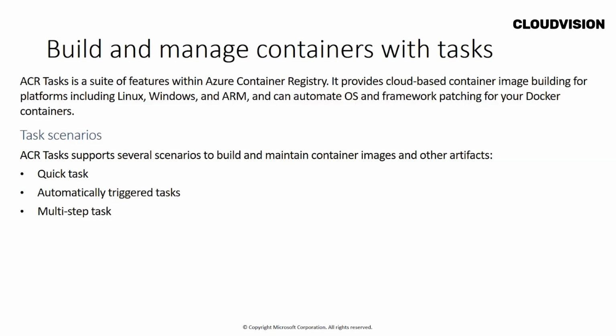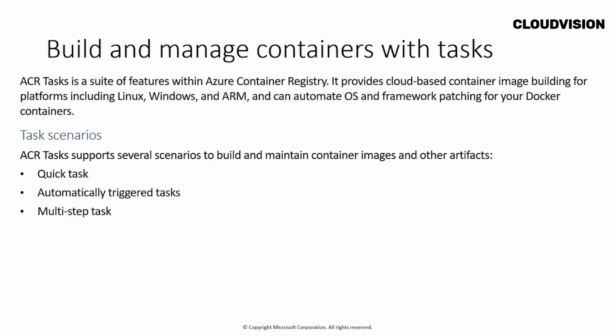Like we use the commands docker build and docker push to work with it, Azure Container Registry has an inbuilt task that will perform that operation for you when I'm pushing that image. Or automatically triggered tasks, which enable one or more triggers to build an image.